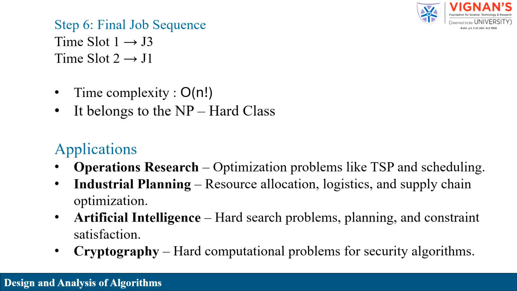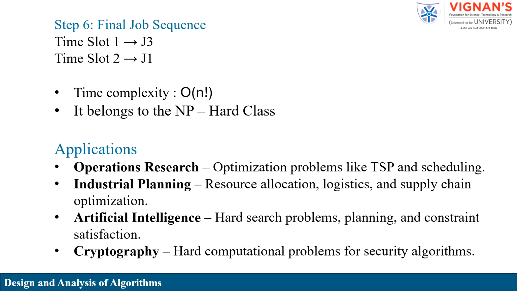Now, let us discuss some applications of NP-hard problems. In operations research, these problems appear in optimization tasks such as the traveling salesman problem and scheduling. In industrial planning, they are used for resource allocation, logistics management, and supply chain optimization.